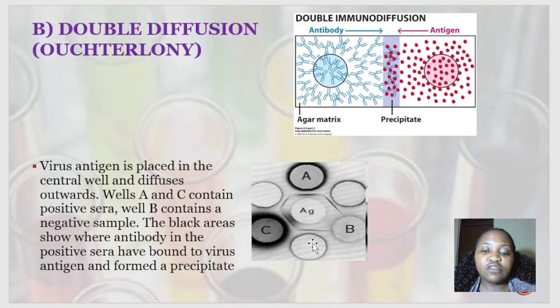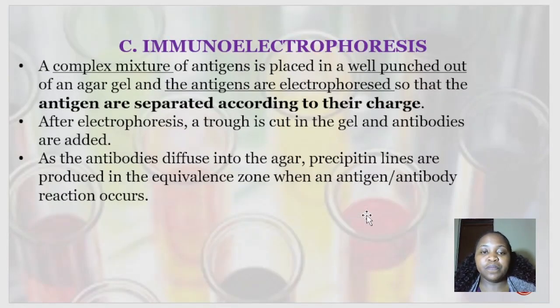Then in these wells you put in samples, so that you want to see maybe these serum samples, do they contain antibodies against your viral antigen. In this case, A and C are positive. They have reacted and formed a precipitin ring. Then B is negative. There is no formation of a ring.